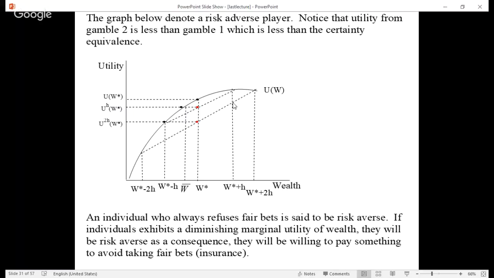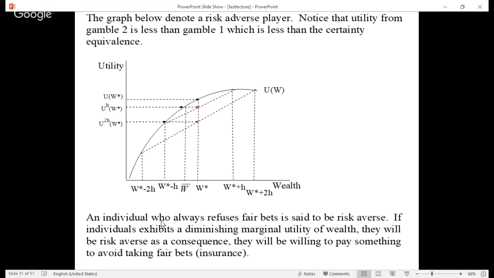Of course, in the second gamble, if he wins 2H, his utility is way up here, and if he loses 2H, his utility is way down here. And the average of those two is that straight line, which puts him right here, which is farther below the certainty equivalent of not gambling at all.